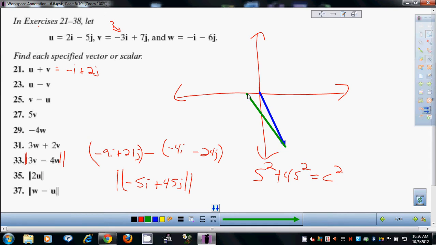Well, that's 5, so up another 2-ish. How far have you gone total? You've gone this far. Now, if you actually added those vectors with their i's and j's, what do we get? Negative 1 plus 2j: over 1, up 2. So that's what it's representing when you add and subtract and do all that stuff to these vectors. Any questions on that?